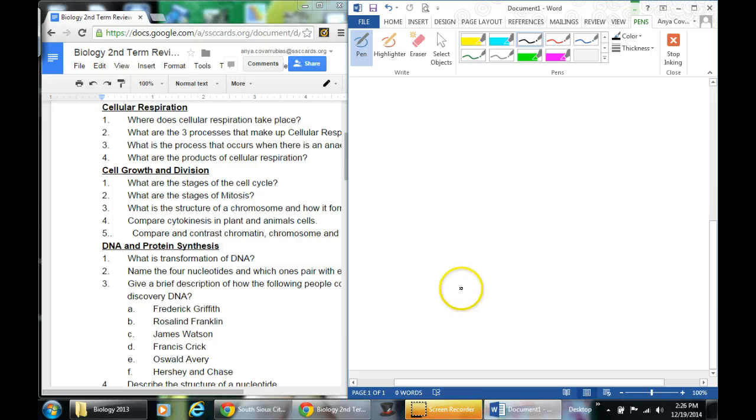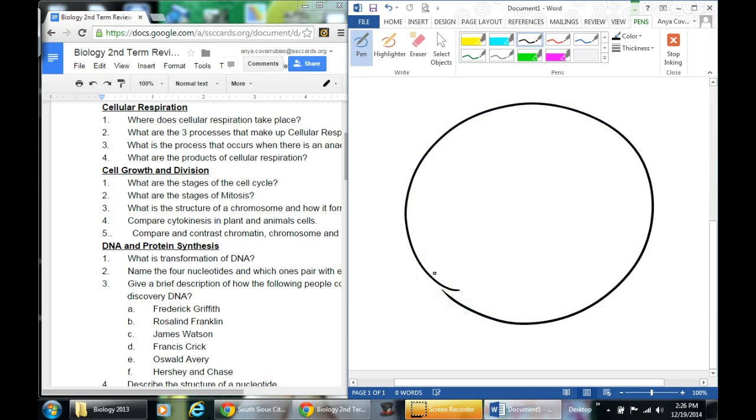Okay, so if we draw out a circle here, stages of the cell cycle, we're going to start out with one cell, and the whole entire point of mitosis is to make an identical cell exactly like this. So most of our cells stay in G0, a process where they don't divide.